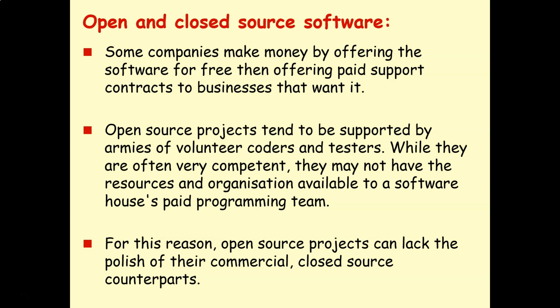Some companies can make a lot of money from it by offering the product for free, but then they charge for technical support to businesses that want it. So something like Red Hat Linux, for example, is a special version of Linux. The company behind it make a lot of money by charging for technical support because big businesses who are running that version of Linux want somebody to help them if they have any problems.